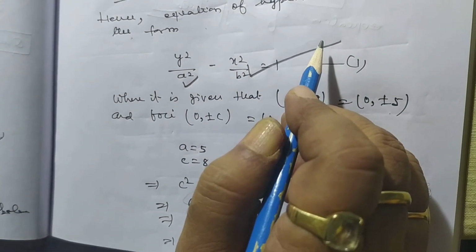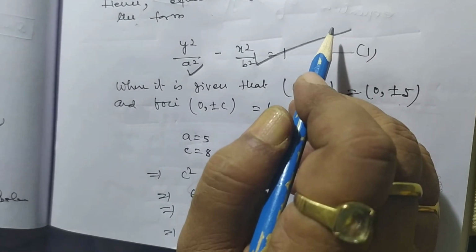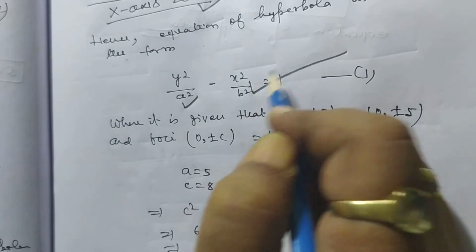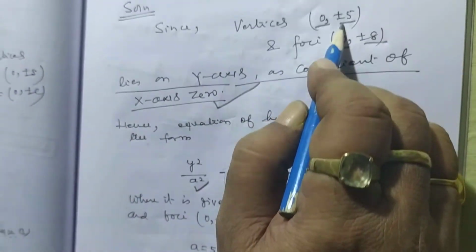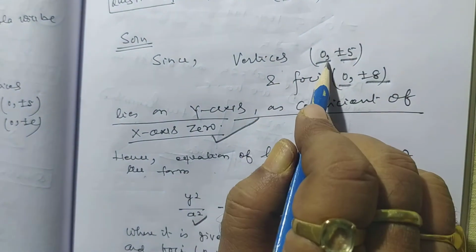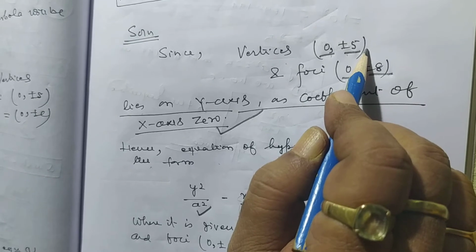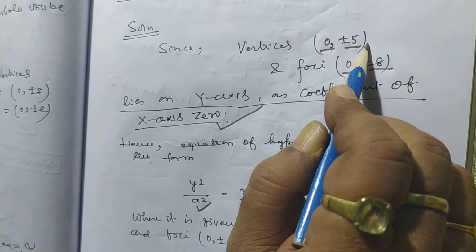My dear student, you must decide which type of hyperbola. For this, where do these vertices 0 plus minus 5 lie? They lie on the y-axis, the vertices of the hyperbola.